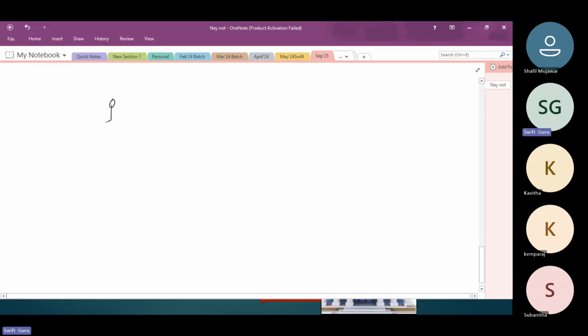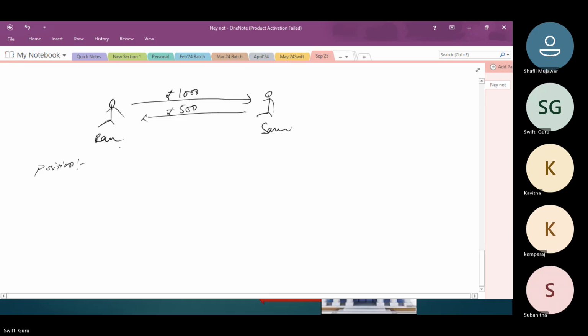Let's suppose there is a person named Ram and another person named Sam. Ram lent, let's say, rupees 1,000 to Sam, and after some time, Sam has paid back 500 rupees. Now, from Ram's point of view, if you see their position, or you call it the clearing position, what is the calculation?